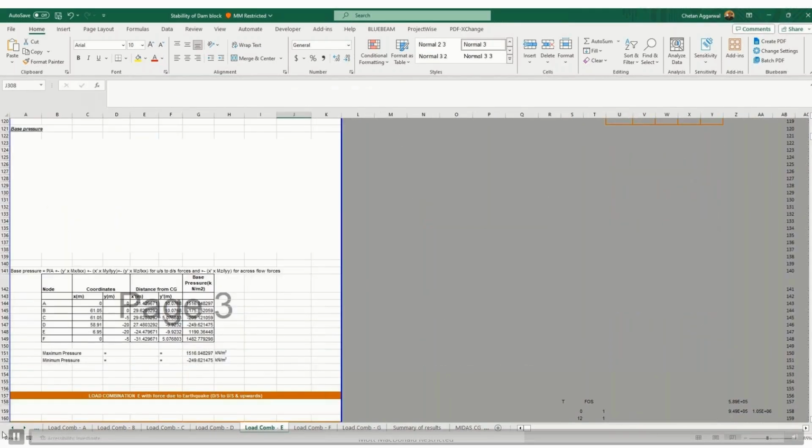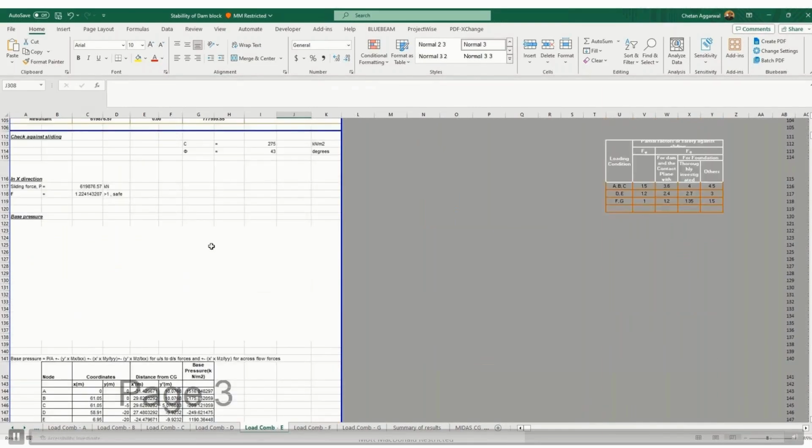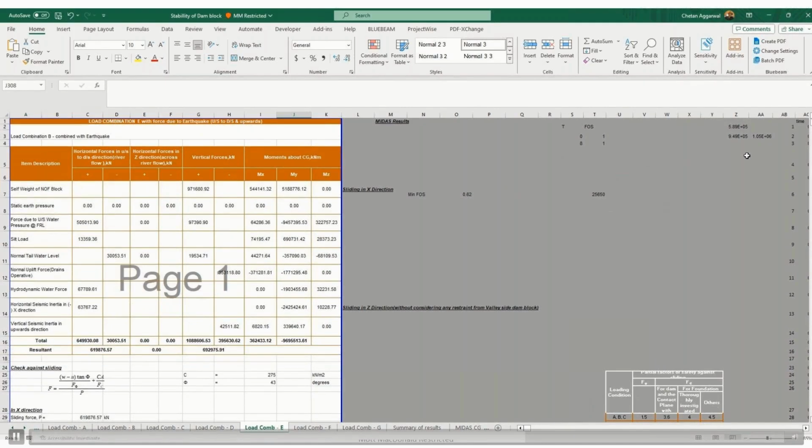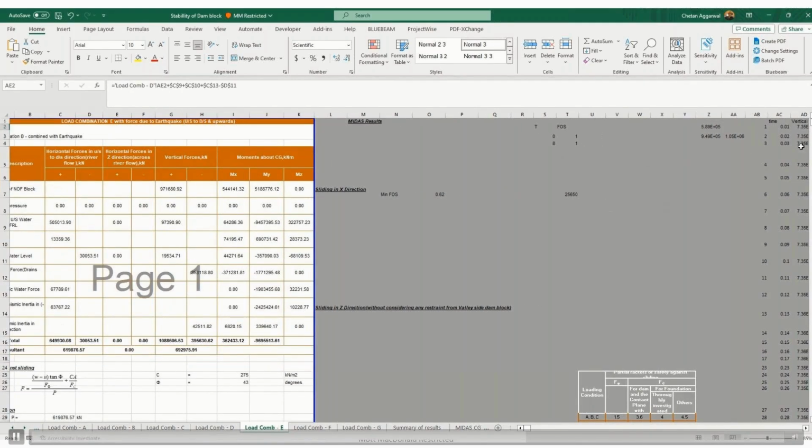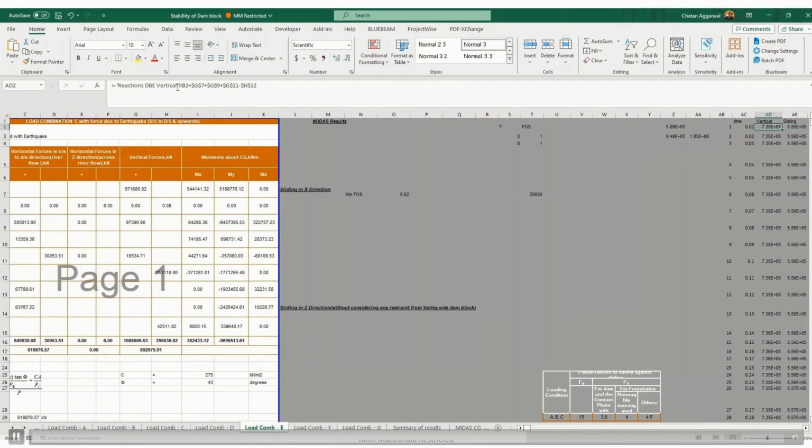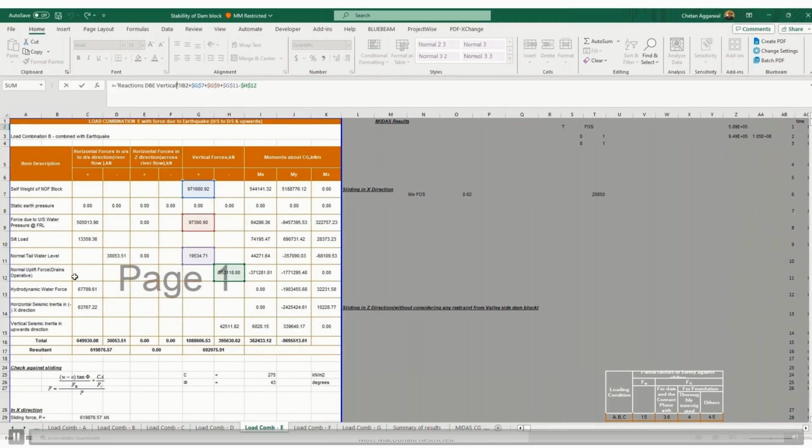So for load condition, okay, let's see load condition E, then I'll show you how I'll compile these loads. For each time cycle again, the vertical dam reaction I'll consider, then vertical forces here, self weight, then we will have weight of water and weight of normal tailwater level and upstream tailwater level.